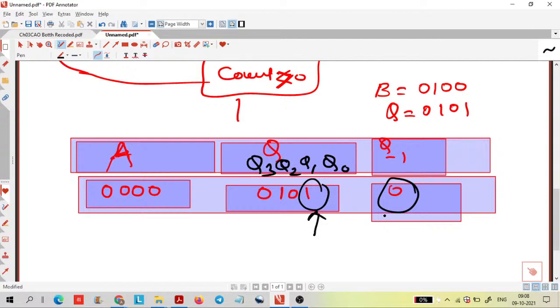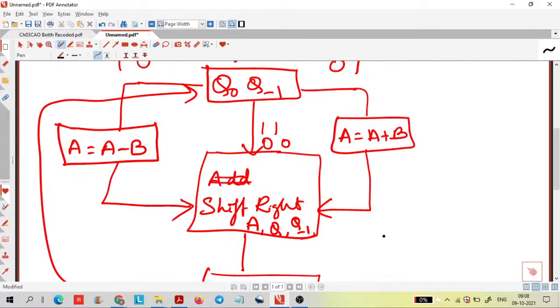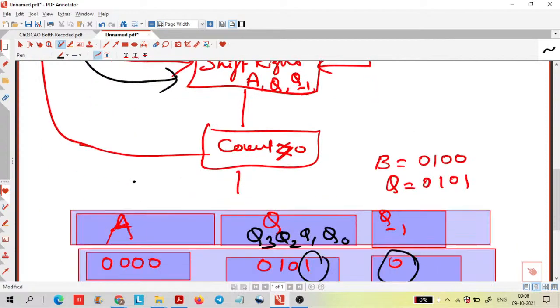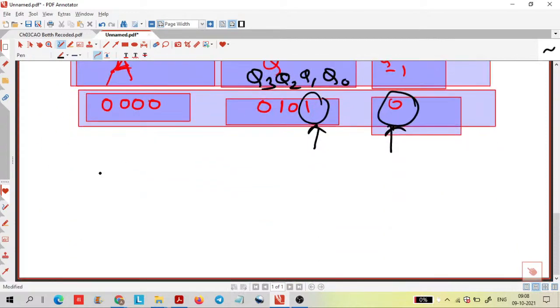If it is 1 0, perform the A minus B operation, then perform the shift right. That is about this particular table method. Then after that, yesterday we discussed Booth recoded multiplier.